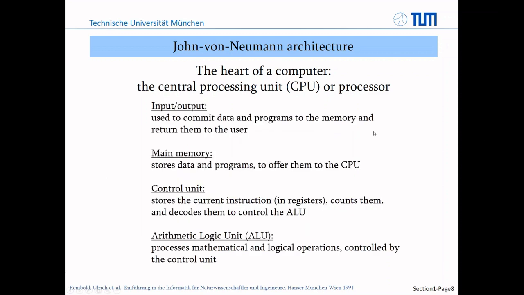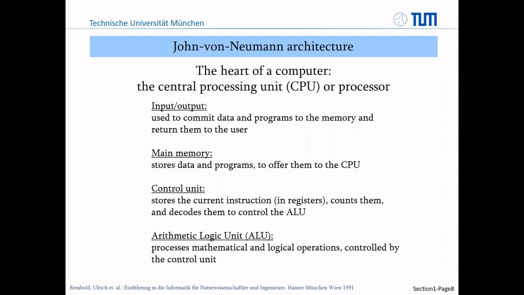Let's make a short overview of what we have in the John von Neumann architecture. We have the input and output, which is used to commit data and programs to the memory and return them to the user. We have the main memory, which stores data and programs. We can keep it in the workspace. It offers it to the CPU. The CPU processes this.